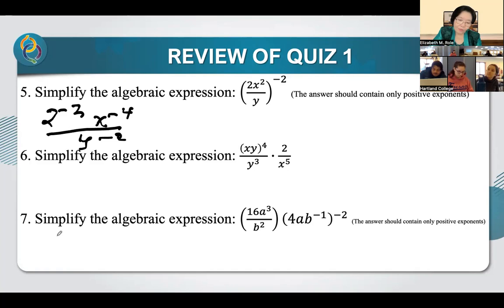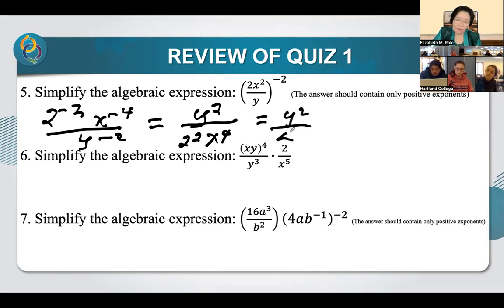So your y to the negative 2 should go up because that's a negative 2, and your 2 to the negative 2 should go down, and your x to the negative 4 should go down, so that it will now become y squared over 4x to the 4th.